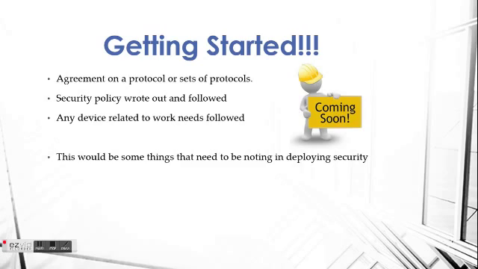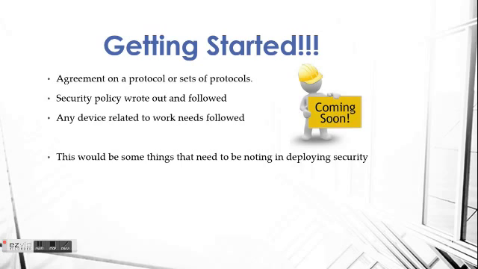You need to agree on what's going to be included, how those things are going to be done in a manner that's going to suit you as a company, but also secure you as a company, because the last thing you want is another attack. So you need to agree on those policies or protocols. It needs to be written and followed.